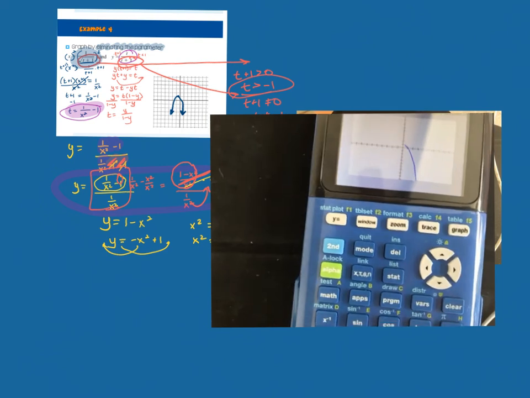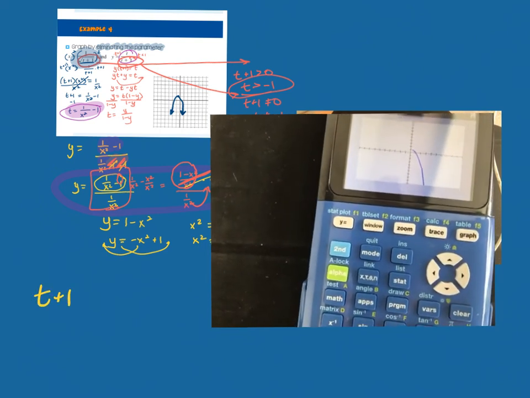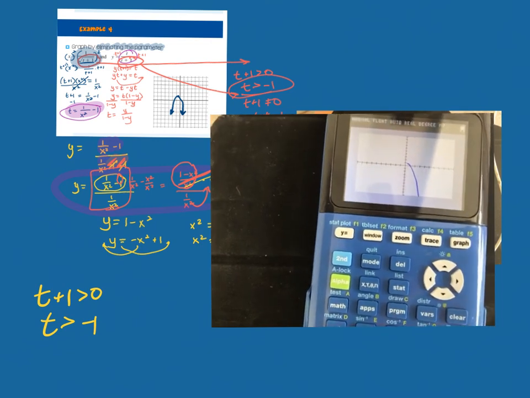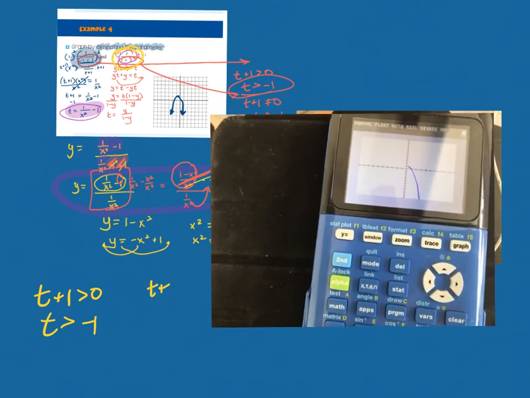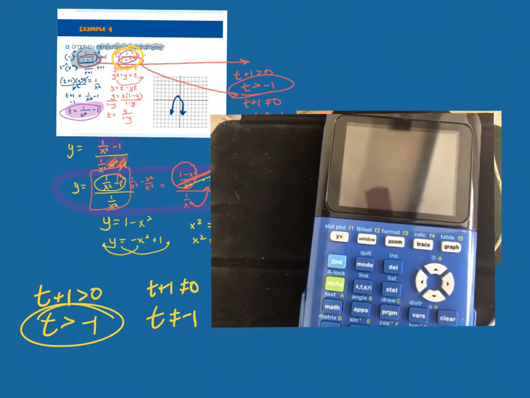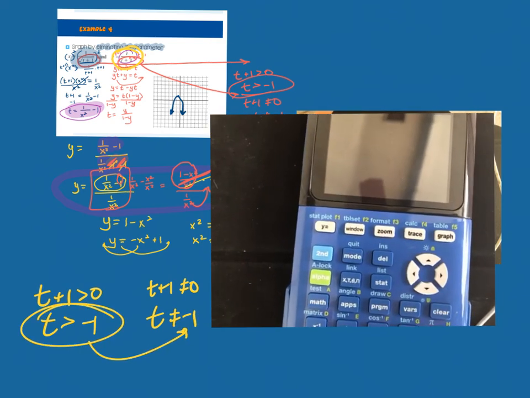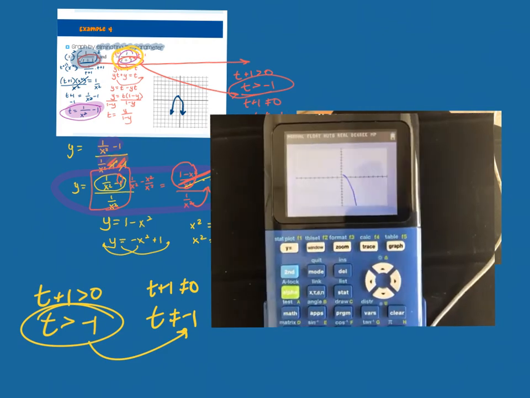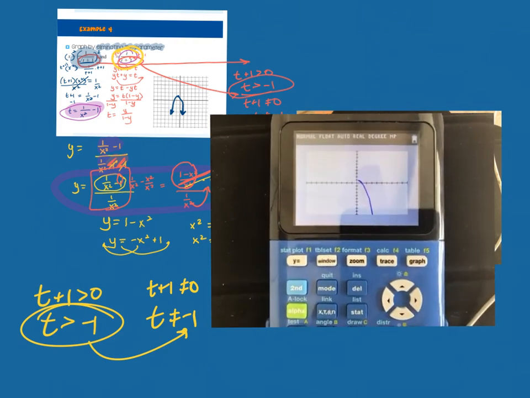So t plus 1 would have to be greater than 0, which means t would have to be greater than negative 1. And then for this one, t plus 1 cannot equal 0. t cannot equal negative 1. Well, this already has that in it, so I'm not worried about the second one. The first one takes care of it. But that is why I lost the left side of my graph.